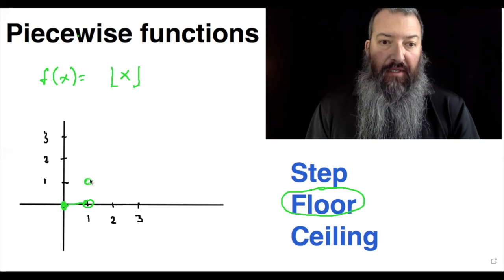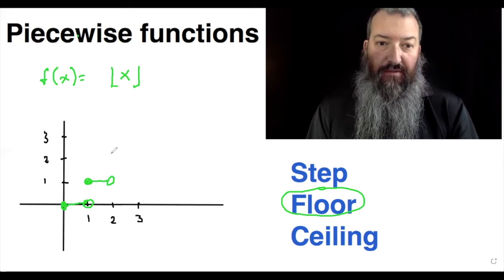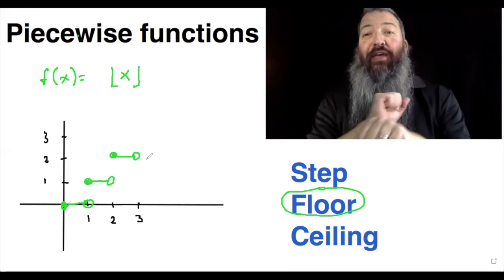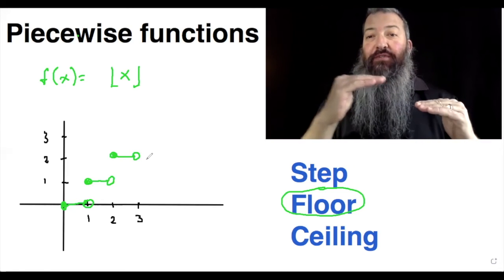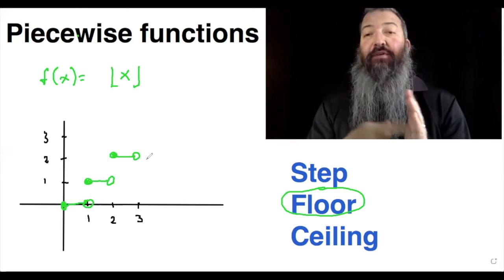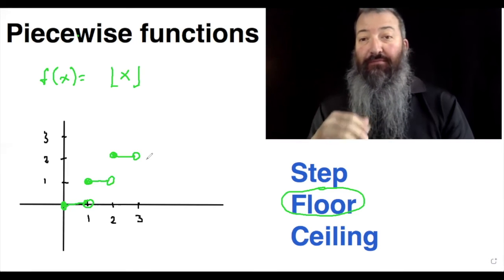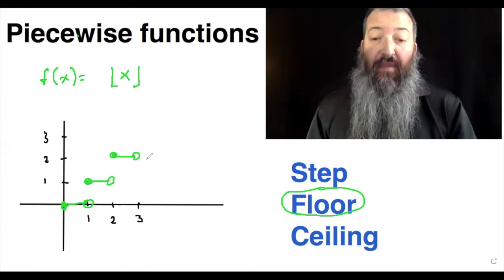So then any x values between 1 and 2, not including 2, and so forth. So now you actually see what looks like steps. And sometimes this is called a staircase function, because that's what it looks like.